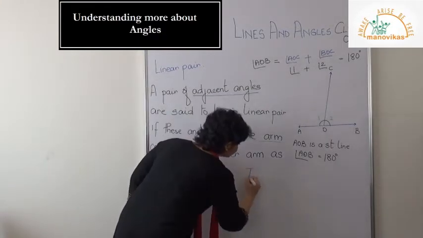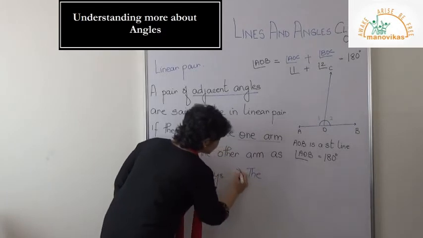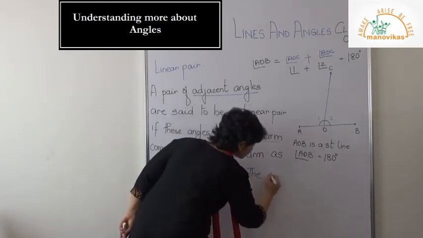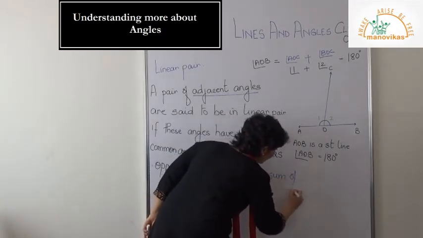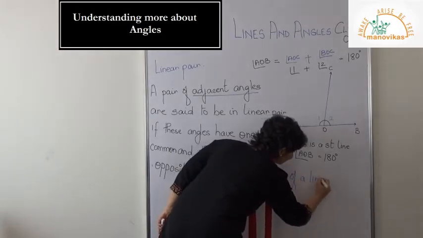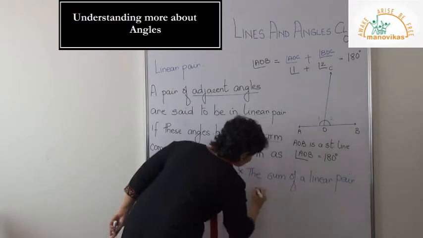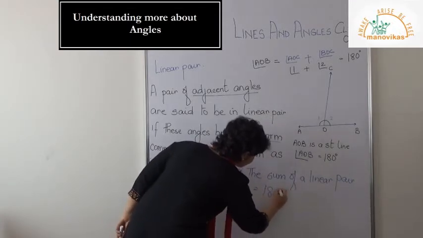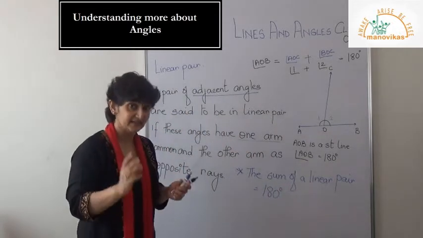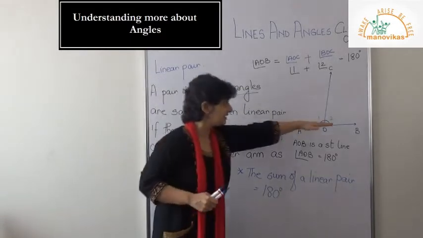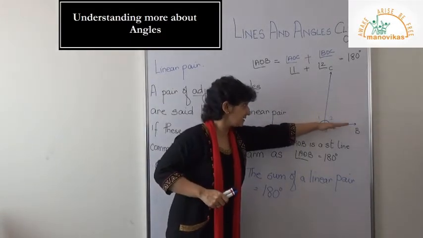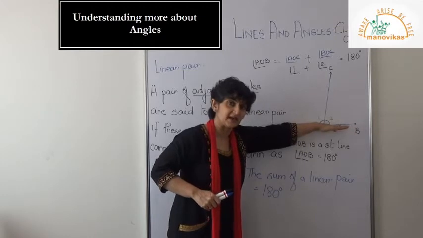The sum, please remember this, the sum of a linear pair is always equal to 180 degrees, because in a linear pair, the adjacent angles, the main angle here is a straight angle.